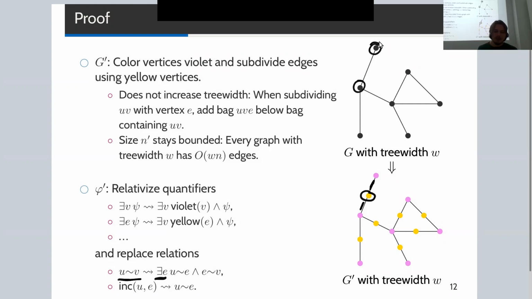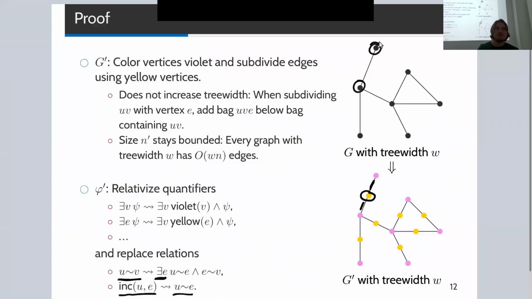On the other hand, if we ask whether a vertex U and an edge E are incident, this corresponds now to normal adjacency in our graph G prime. So we can just replace it with U adjacent to E. And I hope you see that G prime is a model of phi prime if and only if G is a model of phi after this modification. This trick of slightly twisting the graph and slightly twisting the formula occurs quite often, and we will use it later on in the lecture as well.